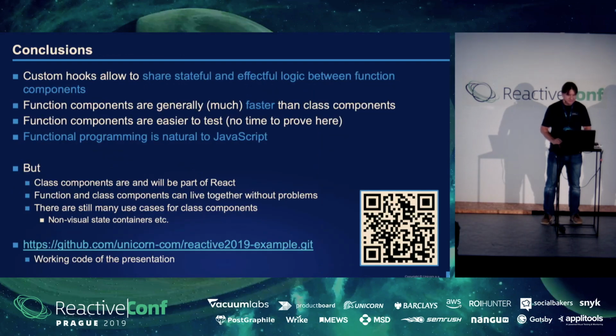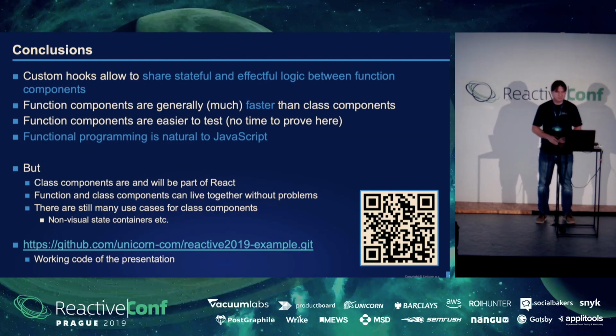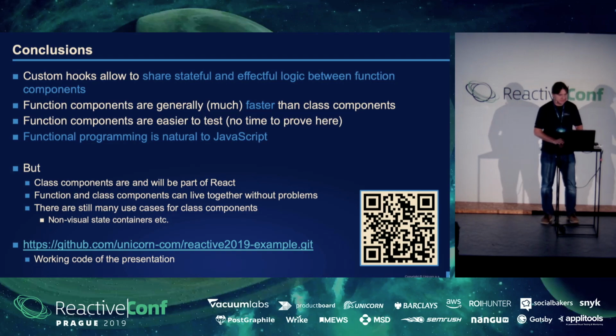And some conclusions. Well, hooks are a very effective way to share stateful logic and effects between function components. So if you are creating a new code base, you can create it purely functional without classes, and everything will work, and you will come to no obstacles. So you can use just hooks and not bother with classes.